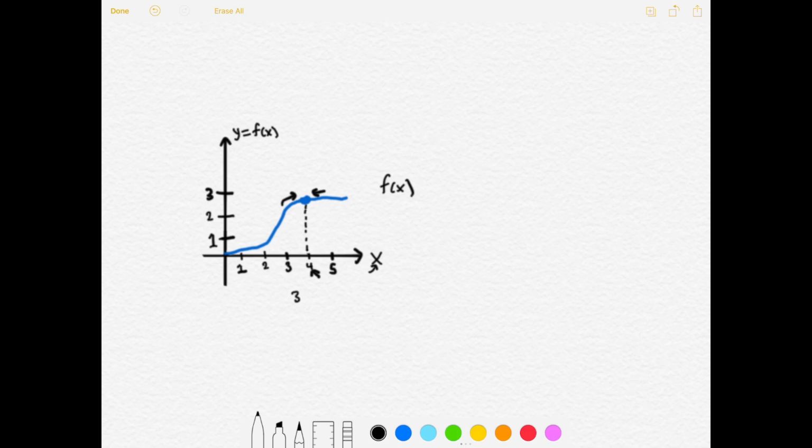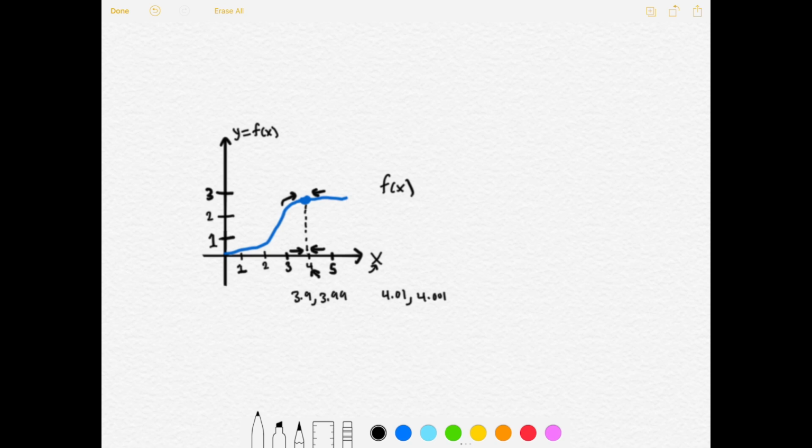So it can be 3.9, 3.99, and so on, or it could be 4.01 or 4.001 coming from the other direction. We're coming from both the left and the right.